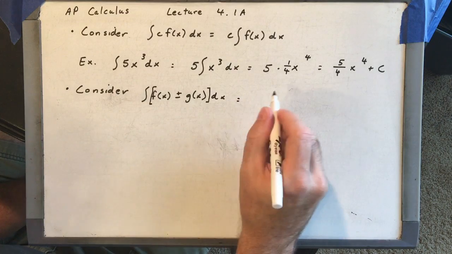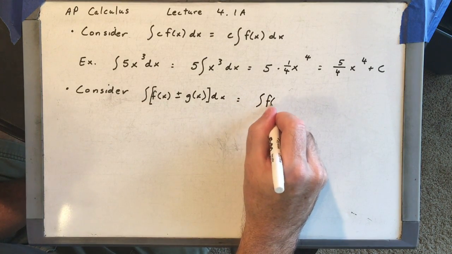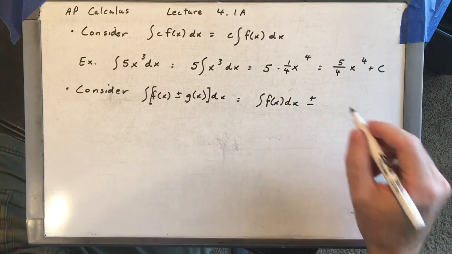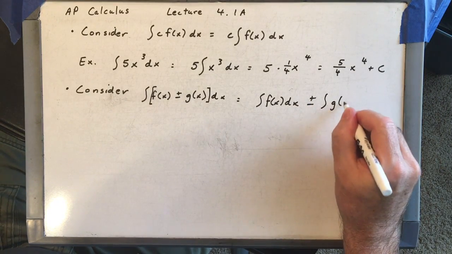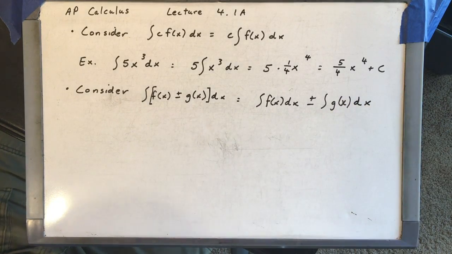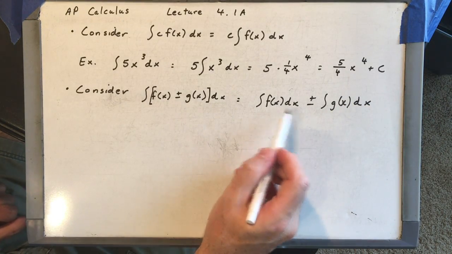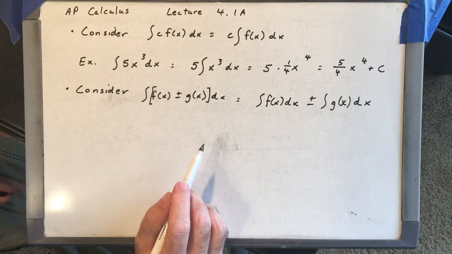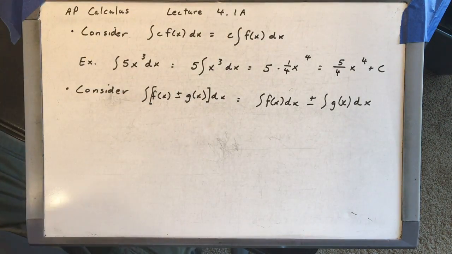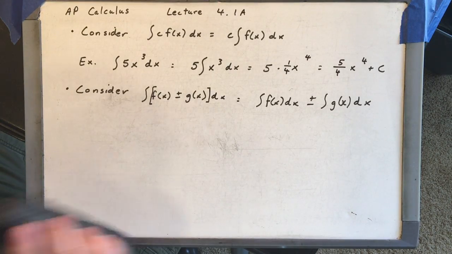We can split that up into the integral of f of x dx plus or minus the integral of g of x dx. It's much easier to split them up into two separate functions and integrate them separately. All right, I've written all that down. I got a bunch of examples for you.